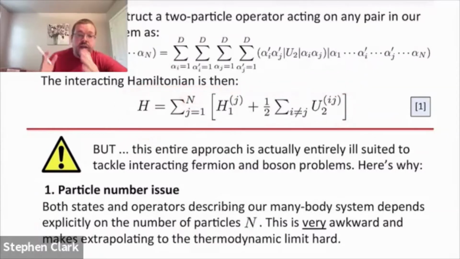So I would have to reconstruct my Hamiltonian and all my operators for any different particle number I wanted. And that makes this theoretically a bit awkward, because we might want to extrapolate the number of particles from some finite number to an infinite number, so the thermodynamic limit. But it's not a fundamental problem.